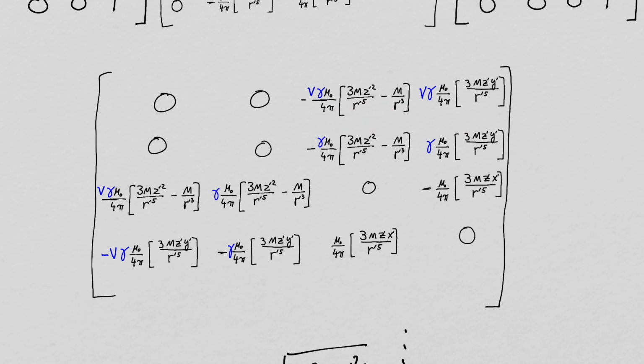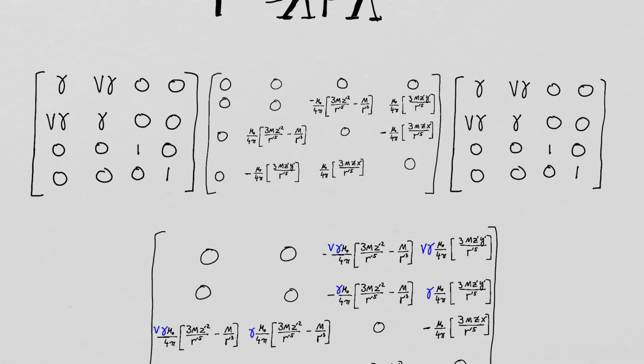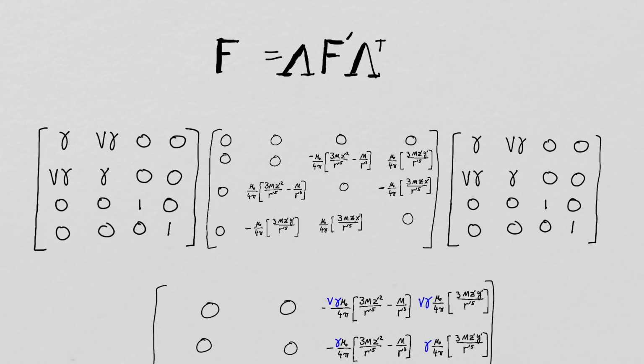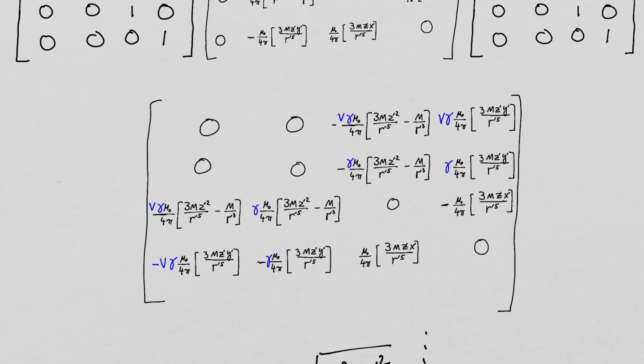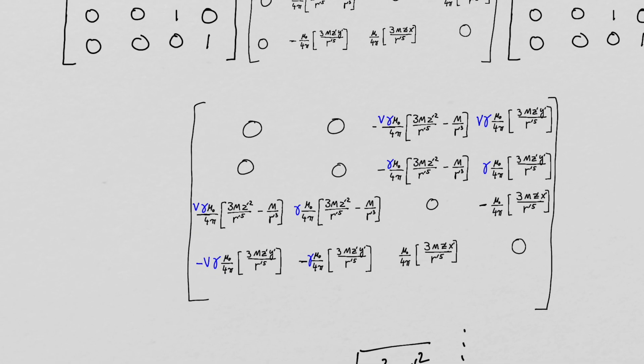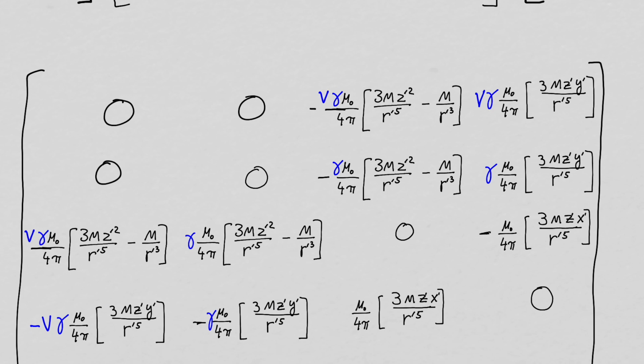So is this our answer? I mean, the way we've written it, it sure looks like it's the answer, but it really is not quite the answer. And the reason it's not quite the answer is because although we have calculated this matrix for F in the lab frame, if you look at the components, they're still expressed in terms of the frame of the dipole.